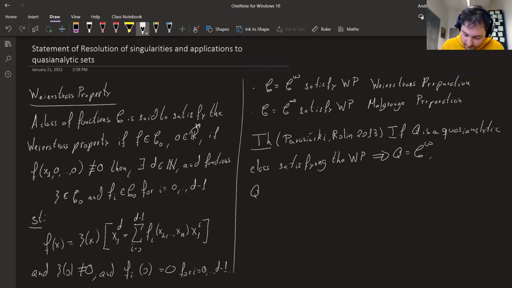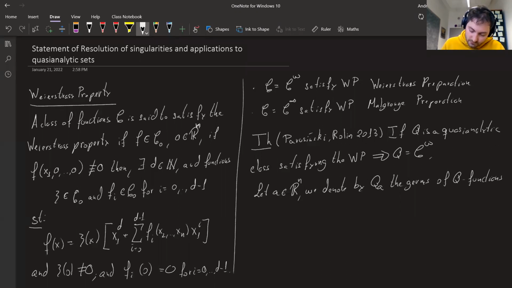So a question here. Before making the question, let me just fix notation. Let a be a point, say, in R^n. We denote by Q_a the germs of quasianalytic functions in Q at a.